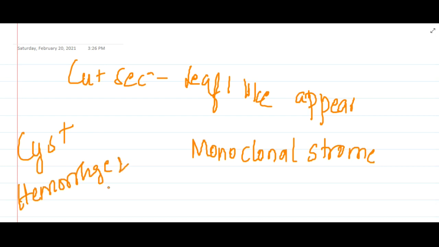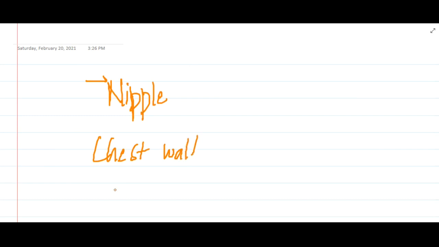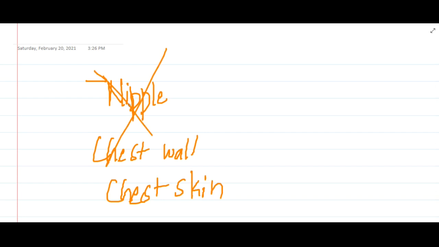One unique feature of this Phyllodes tumor is that the nipple, chest wall and breast skin are not involved. Remember, nipple, chest wall and breast skin are not involved.